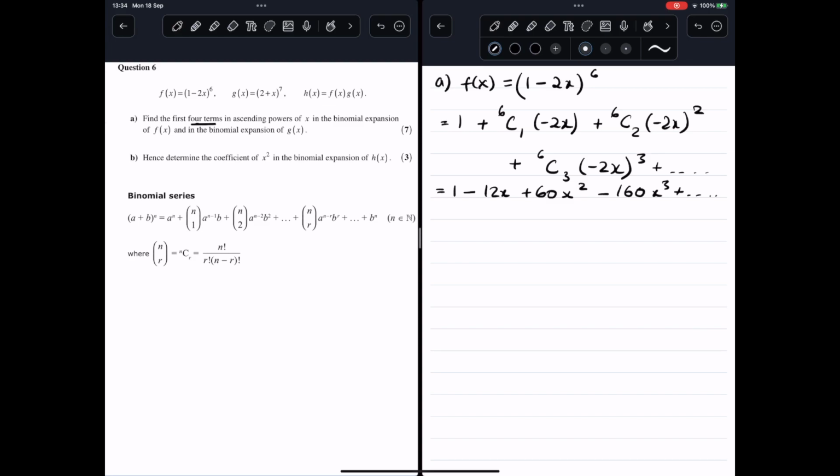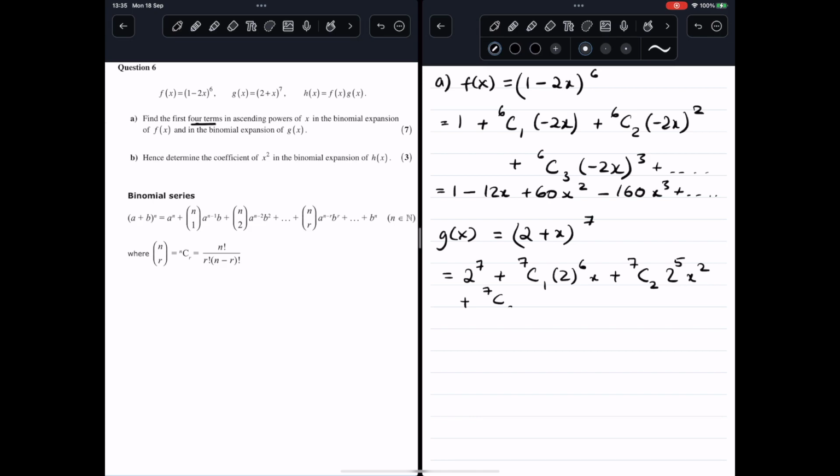Similarly, for the next function, we are given g(x) as (2 plus x) to the power of 7, and that expands to 2 to the power of 7 plus 7C1 times 2 to the power of 6 x plus 7C2 times 2 to the power of 5 x squared, and so on and so forth with the fourth term.